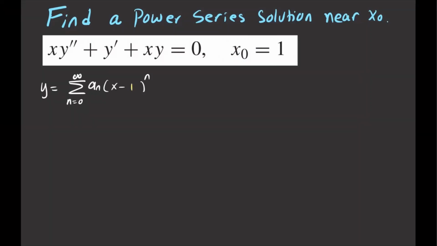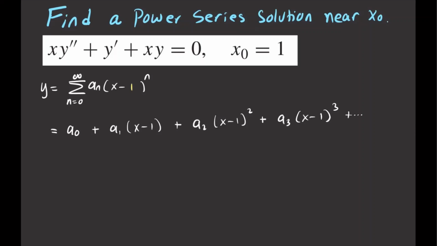And if you were to expand and write out just a few terms, the first term is a0, then the second term is a1 (x minus 1) to the first power, plus the next term is a sub 2 (x minus 1) to the second power, plus a sub 3 (x minus 1) to the third power, and so on. So it goes on.